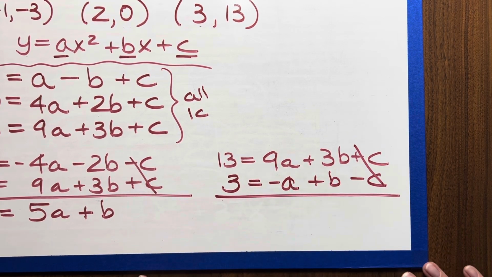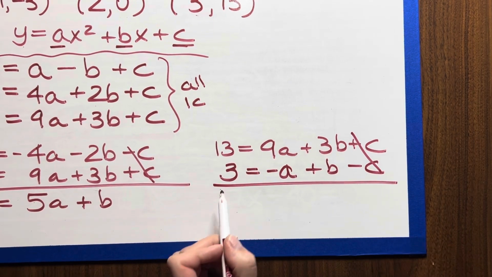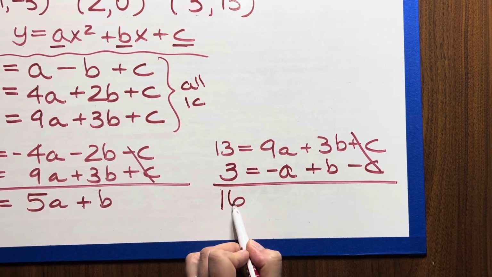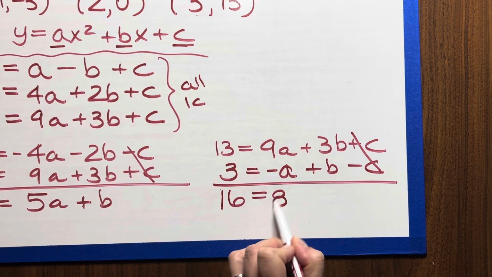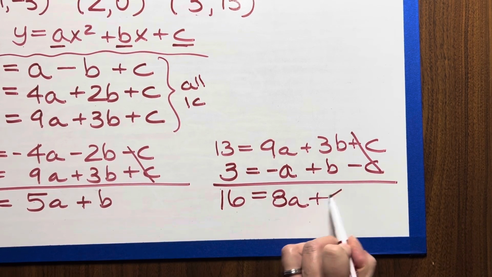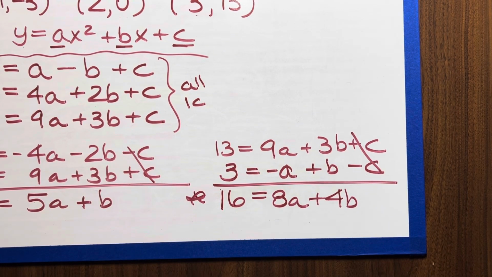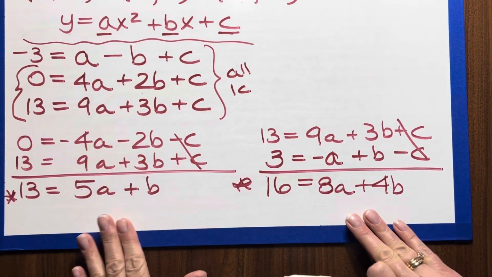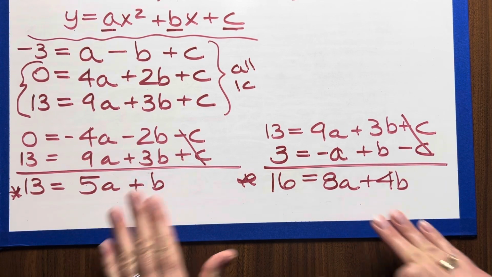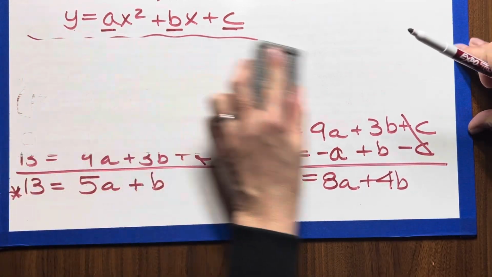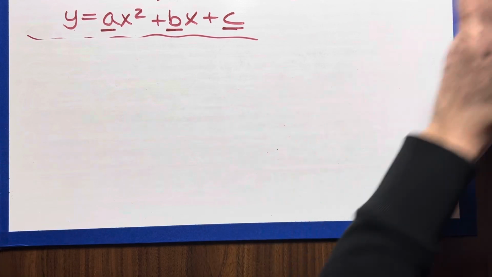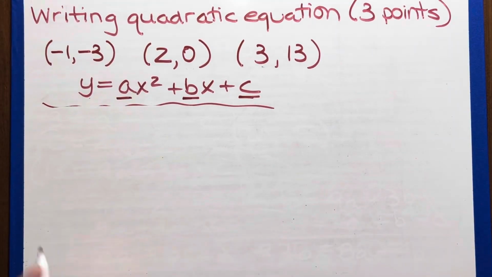Again, I'm getting these c values to cancel out. So I end up with 16, I have 8a, and then I have 4b. Star that somewhere on your paper so that you know that these are the 2 equations I now need to work with.